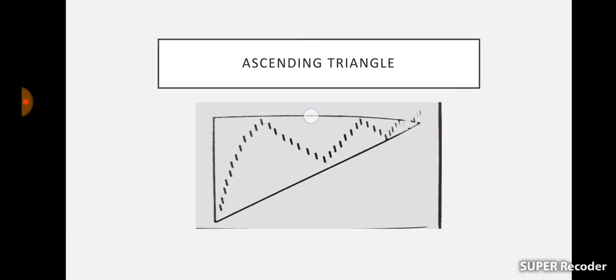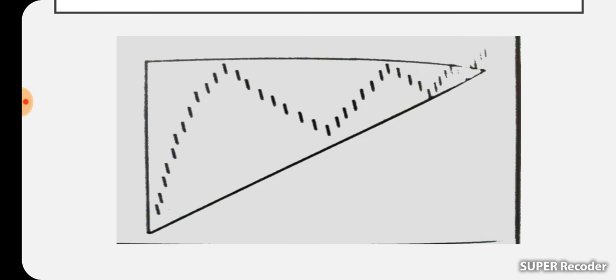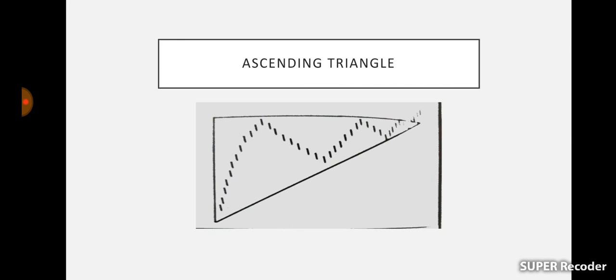The top part of the ascending triangle appears flat and the bottom part is upward sloping. When demand exceeds the supply, the price will increase. Then there will be a breakout. The breakout will be in favor of a bullish trend in the case of an ascending triangle.